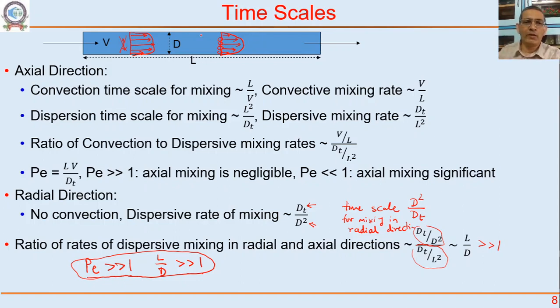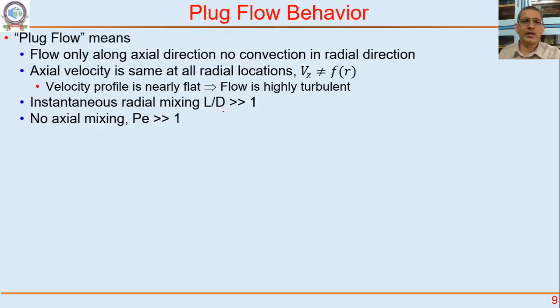Only when it is turbulent flow, which means the velocity profile is practically flat, which means velocity is the same at all radial locations, then only will all fluid elements spend the same amount of time. Packet of fluid, piston flow. So the third condition that is required: one is Peclet number far greater than 1, L by d is far greater than 1, and flow is highly turbulent, which makes the velocity profile nearly flat.